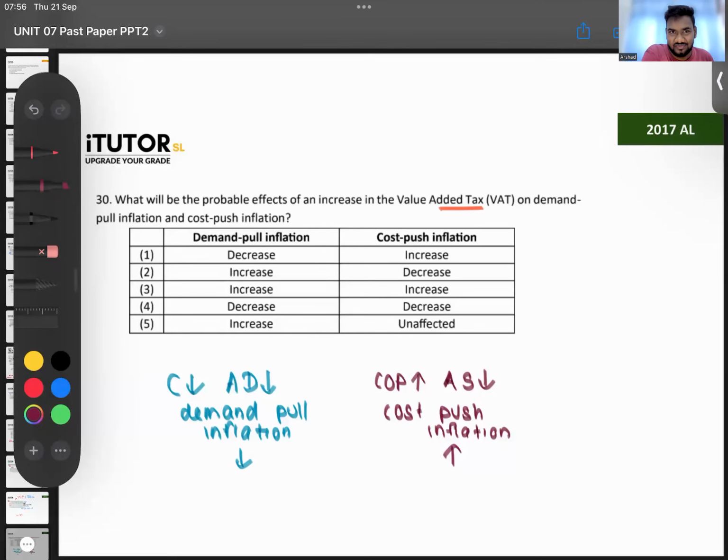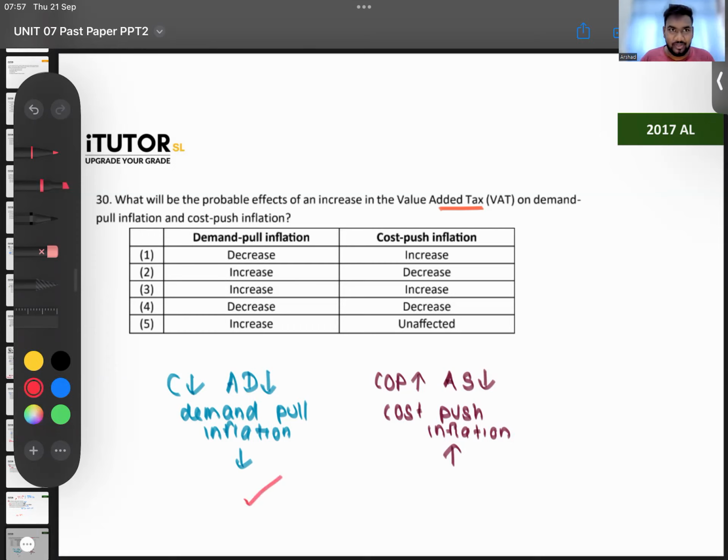No. Consumption will come down because now it's expensive to buy from them. So when consumption comes down, aggregate demand comes down. Consumption is a part of aggregate demand. AD equals C plus I plus G. So aggregate demand comes down. When aggregate demand comes down, what happens to demand pull inflation? Demand pull inflation comes down. That is the first part that I explained.